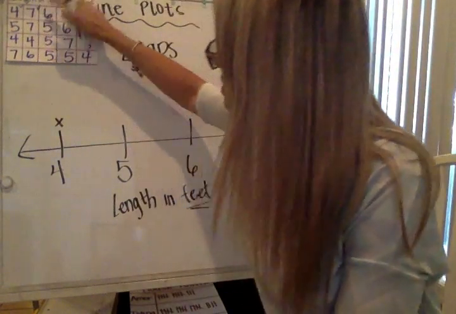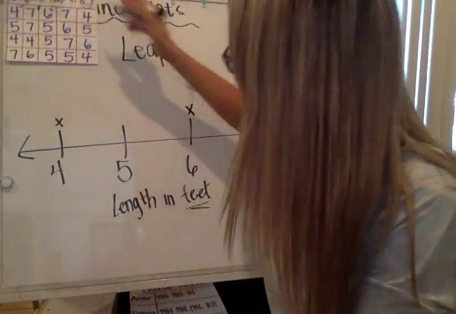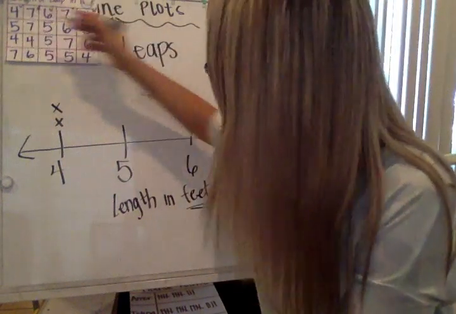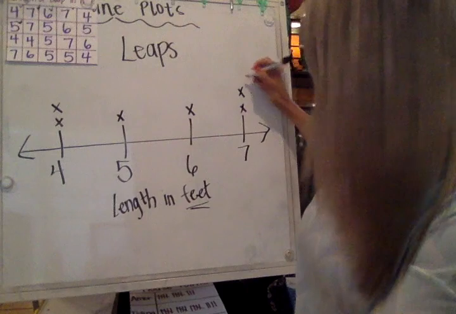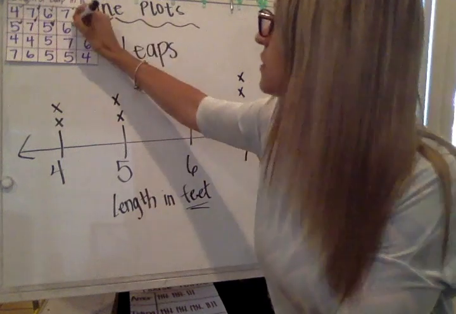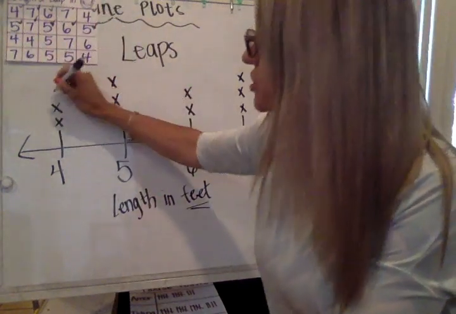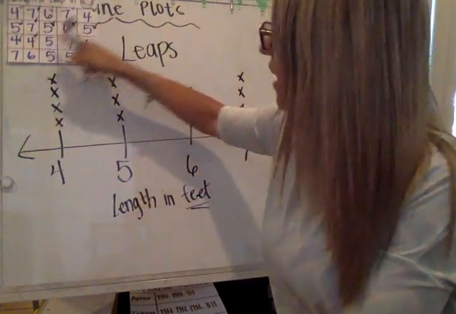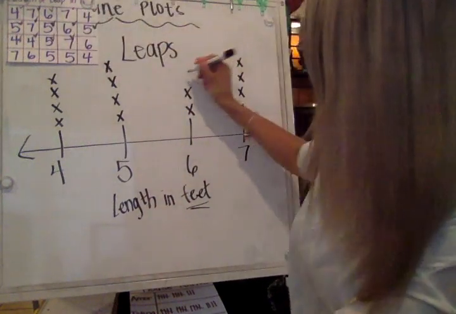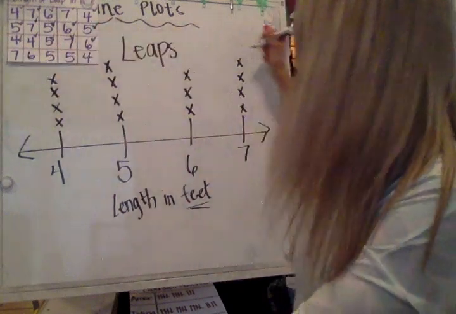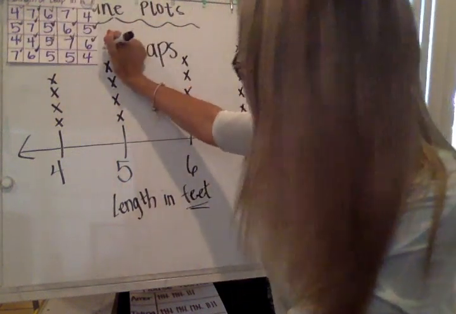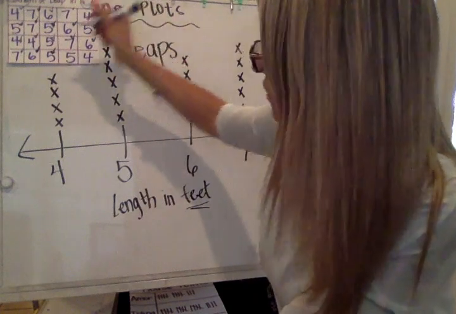I'm going to try to remember to mark these off. 6 has 1, 7, 4, got it, 5, 7, 5, 6, 5, 4, 2 4s in a row, 1 and 2, 5, 7, 6, 7, 6, 5, 5. Oh, that one's really tall.